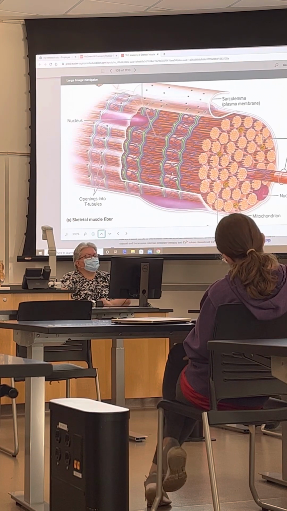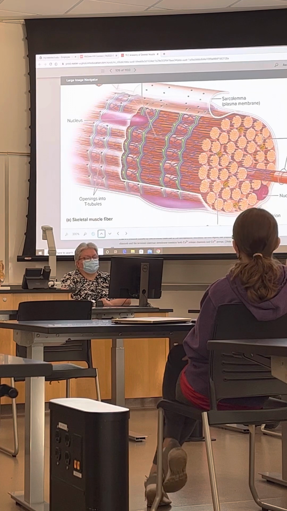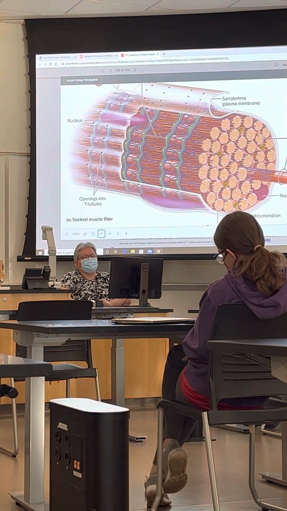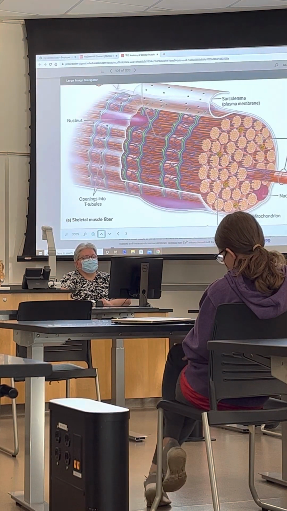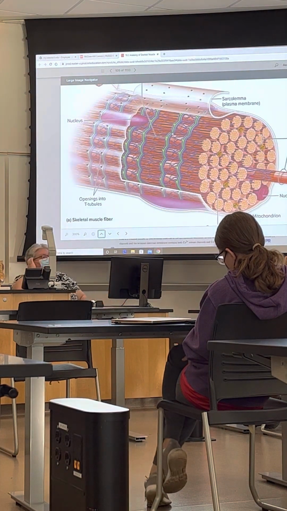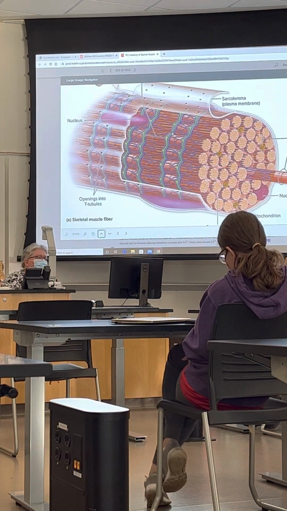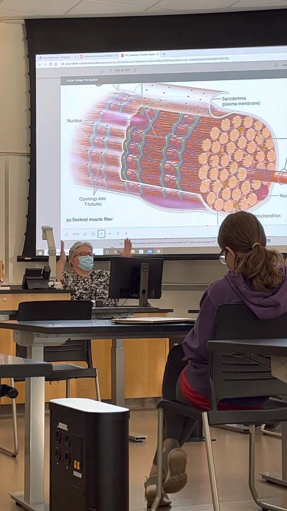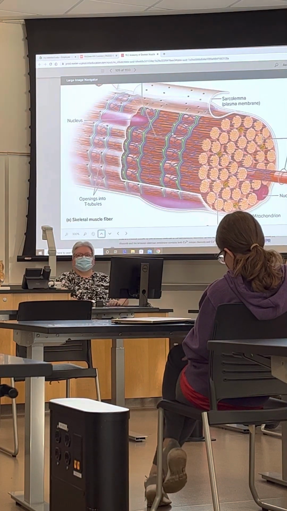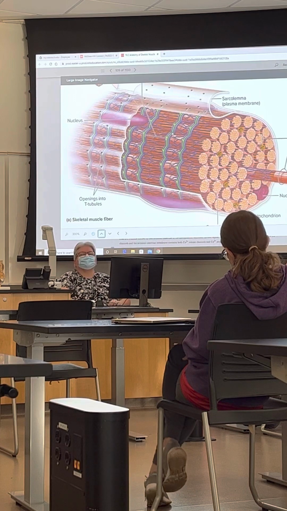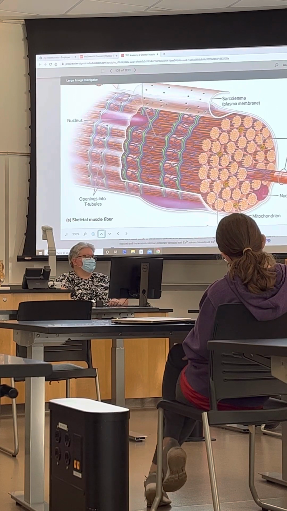They are arranged around each and every one of the myofibrils in this particular order. So when we have muscle contraction, we have the entire muscle cell contracting. That helps it move as a unit. As a unit, yes.